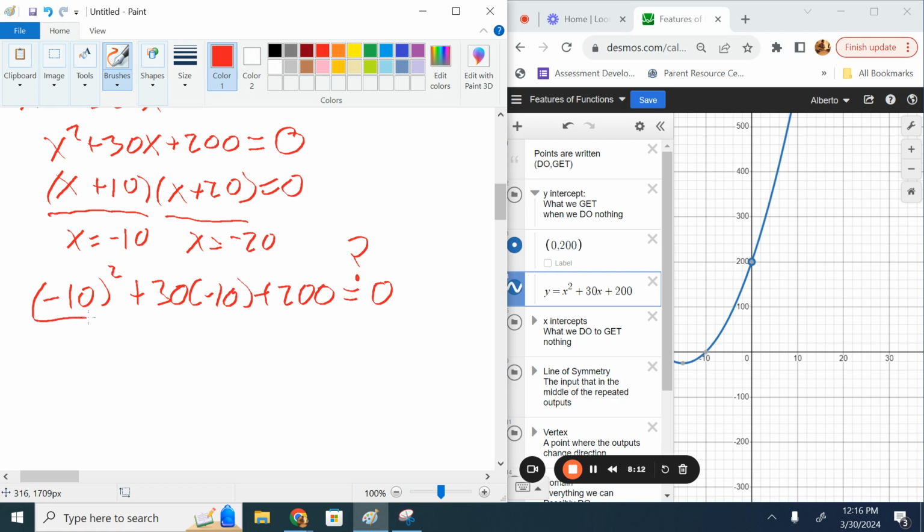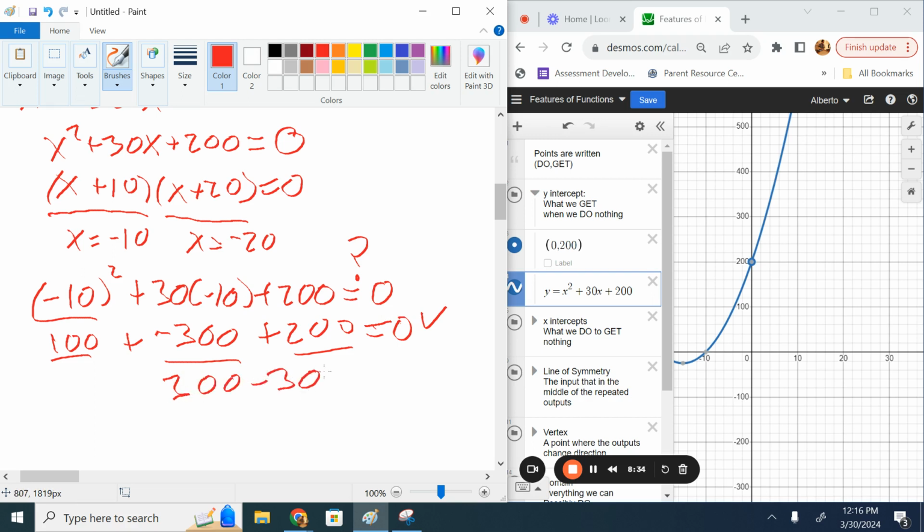Okay, negative 10 times negative 10 is 100. Negative 10 times 30 is negative 300. And then we do see the 100 and 200 make 300. And so they will end up equaling 0 because 300 minus 300 is equal to 0.